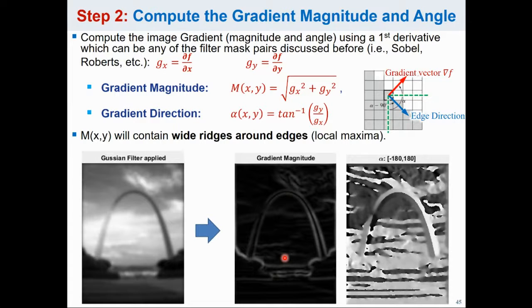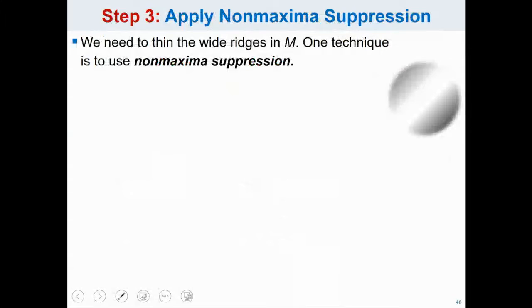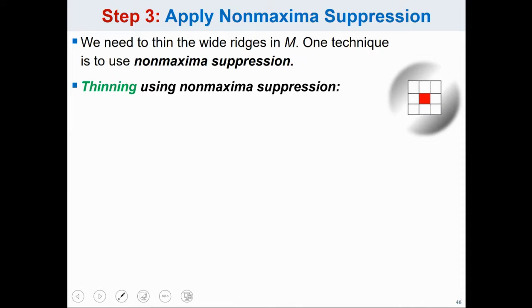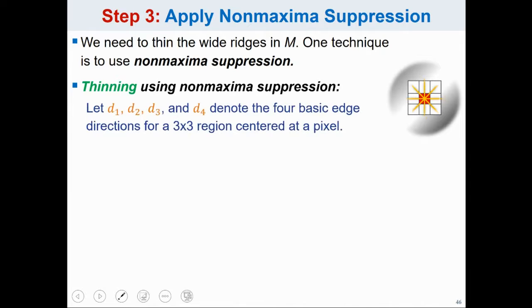What does that do? The gradient magnitude image has values in each pixel that represent the potential edge points and their values. It uses something called non-maxima suppression, which is a thinning technique. If I have this as the pixel, and let's say we have 4 directions, 1, 2, 3, 4. Those are the basic edge directions that this pixel can be on.